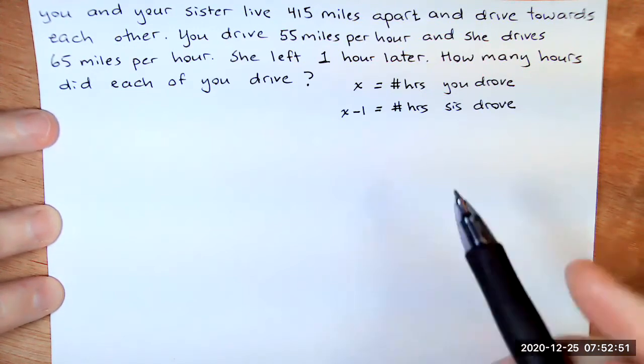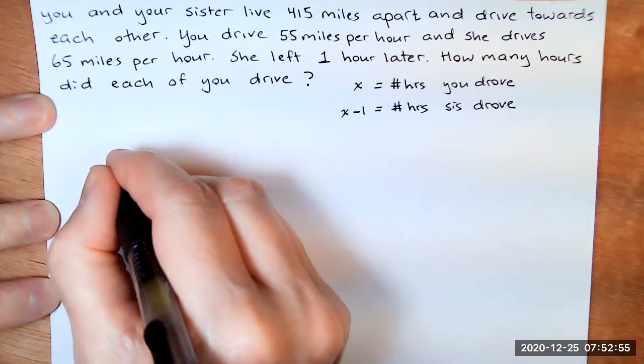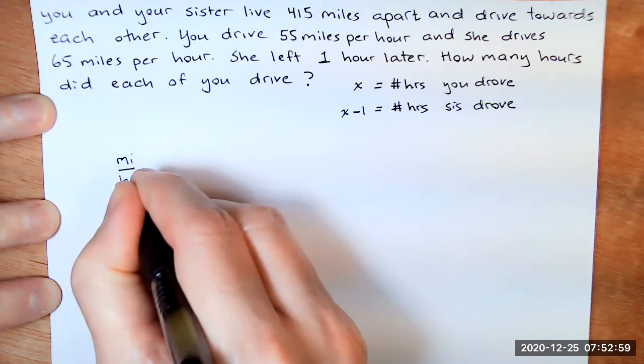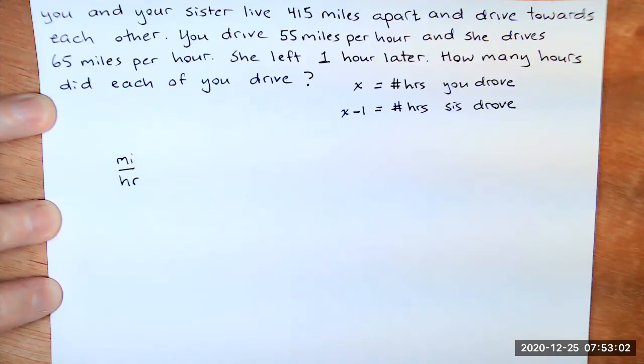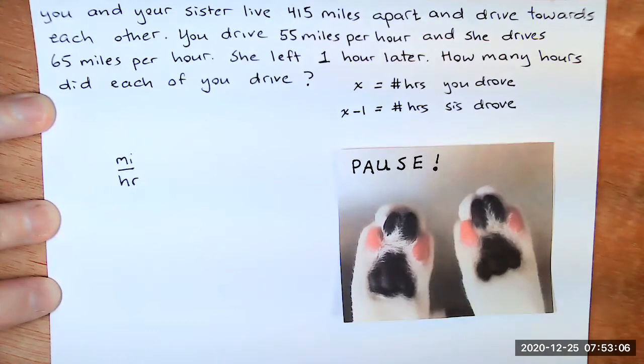All right, this is a rate problem, so let's name the rate. And if I were you, I would hit pause here, write the rate equation, make a chart, and try to fill it out on your own.